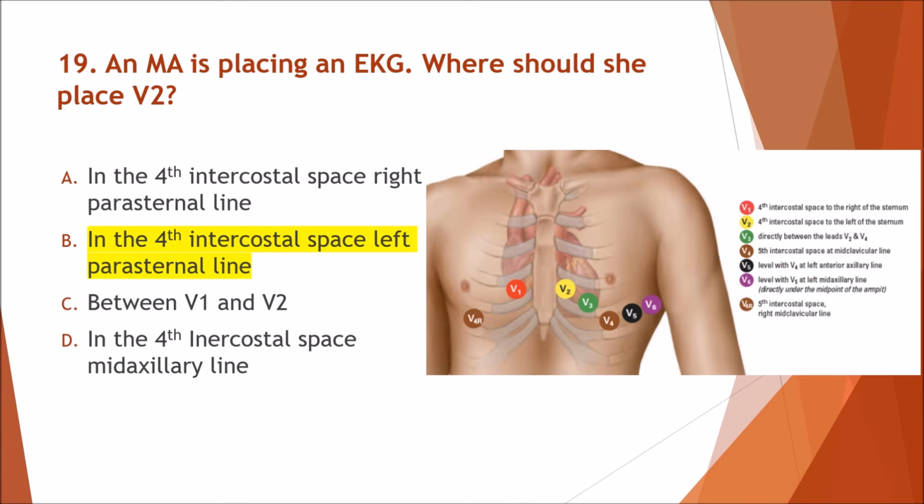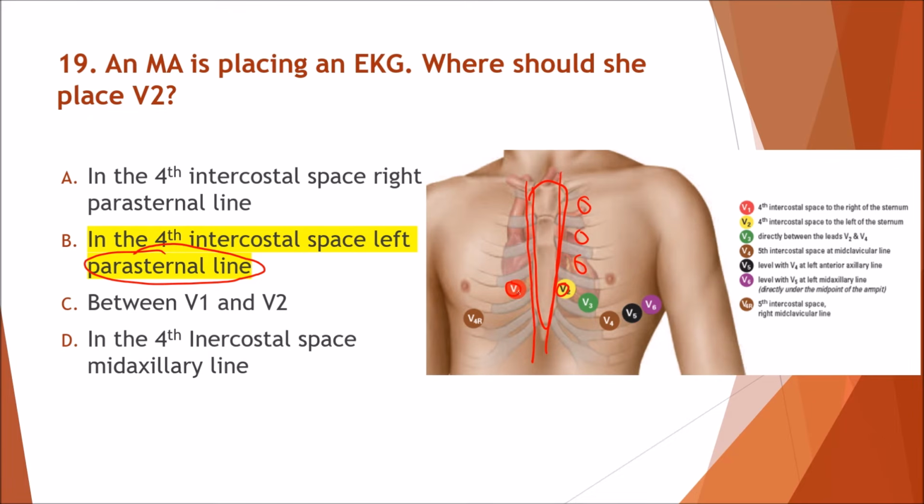And the answer is B, in the fourth intercostal space, left parasternal line. Remember, this is the sternum, and there are these imaginary lines that run next to the sternum. We call these parasternal lines, para meaning next to, right? The spaces in between the ribs are the intercostal spaces, and both V1 and V2 are going to go on the fourth intercostal space.